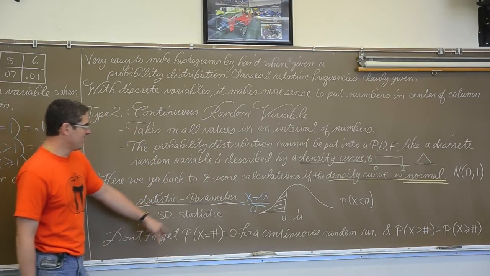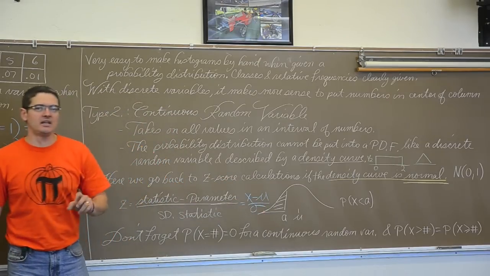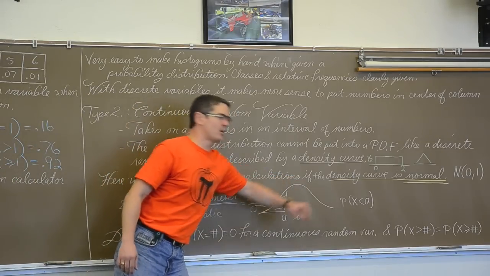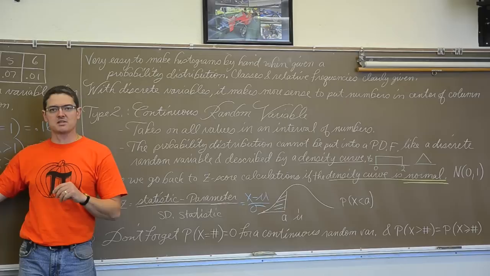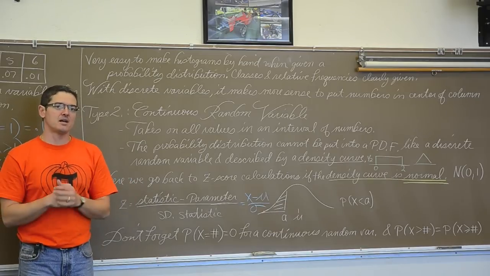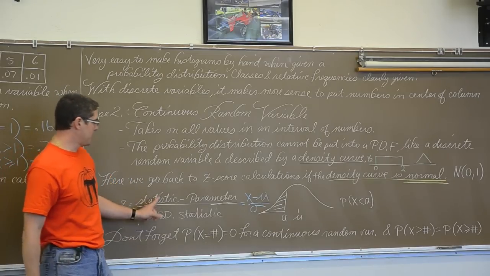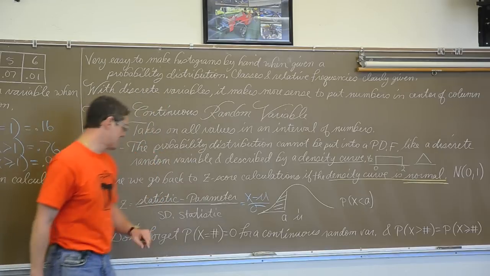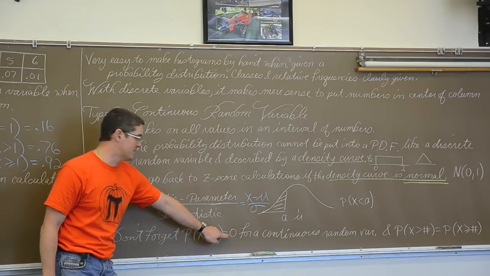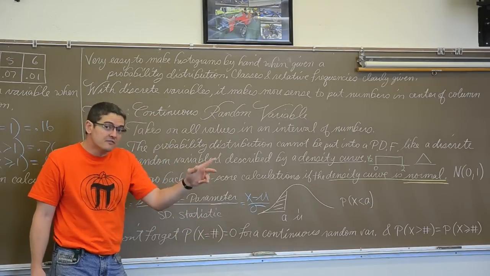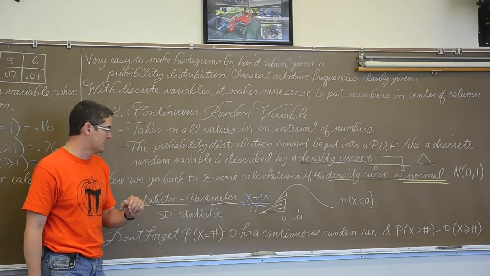Don't forget that in a z-score calculation setting, that is a continuous random variable. It is a mathematical model, and x can take on, again, I just said this a second ago, an infinite number of possibilities. So when you start seeing z-scores and bell curves, don't forget that the probability that x is equal to a specific value is 0 because it's 1 over an infinite number of possibilities.